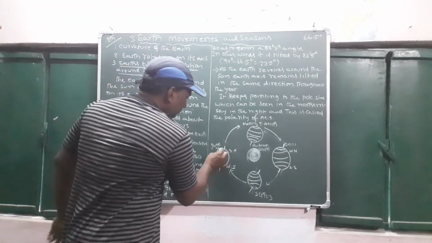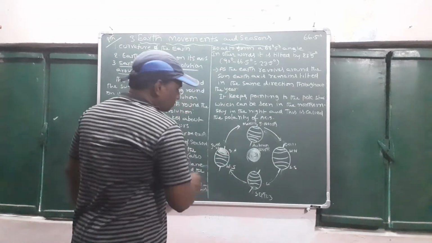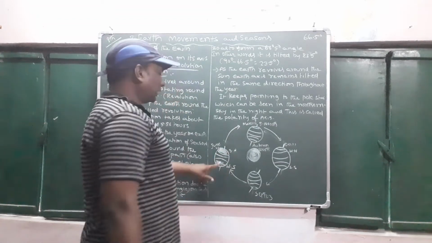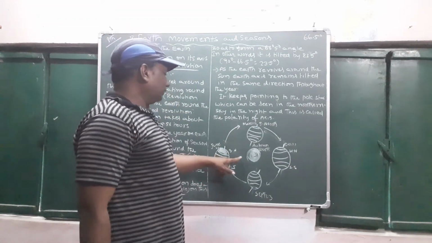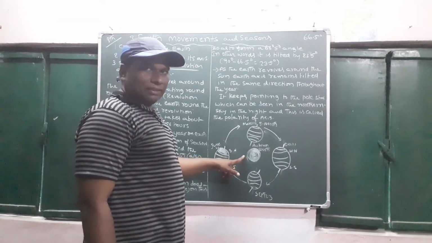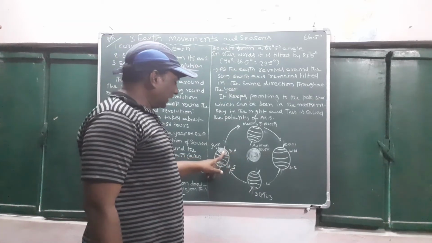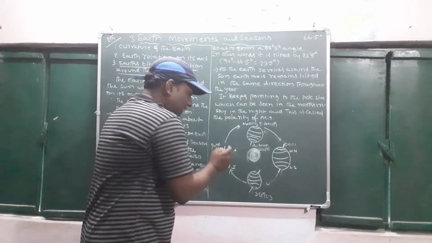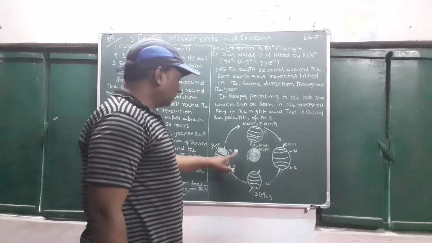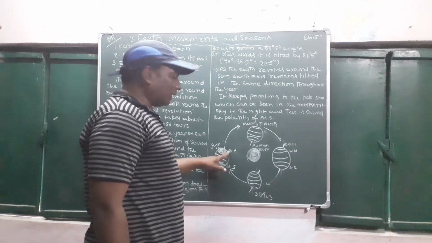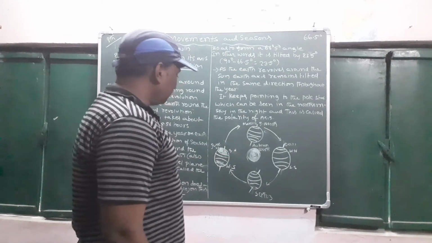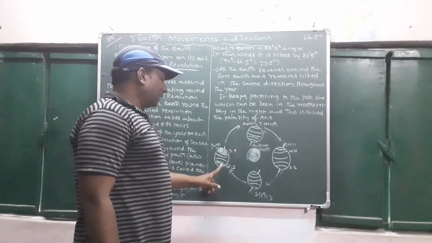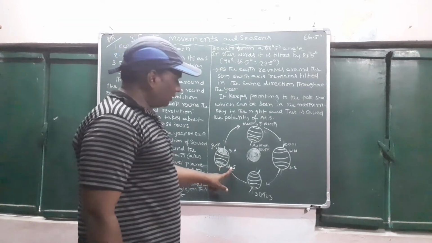Northern hemisphere. The top one is northern hemisphere, the bottom one is southern hemisphere. Here sun rays fall directly, that means the northern hemisphere is tilted towards the sun. That's why it is summer in the northern hemisphere, then winter in the southern hemisphere.